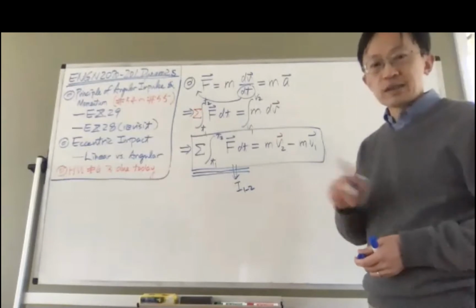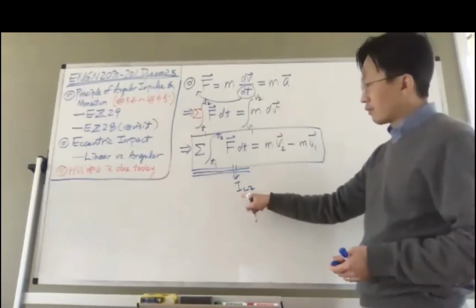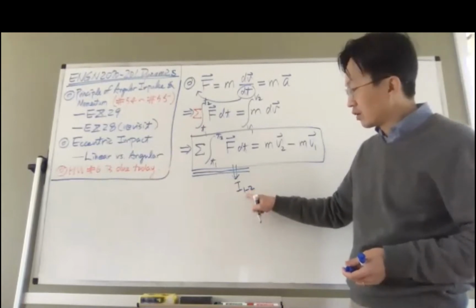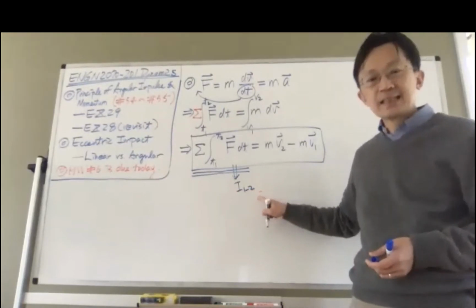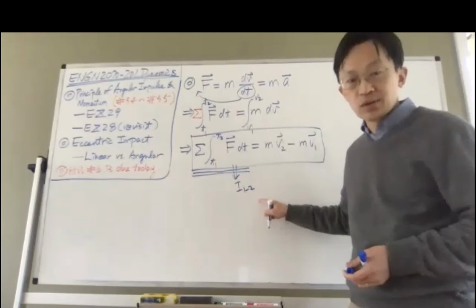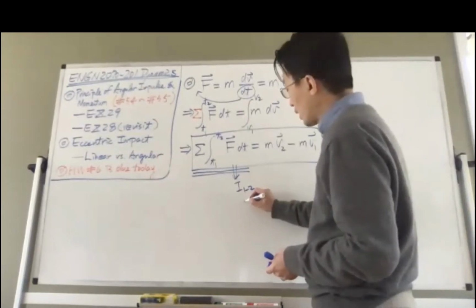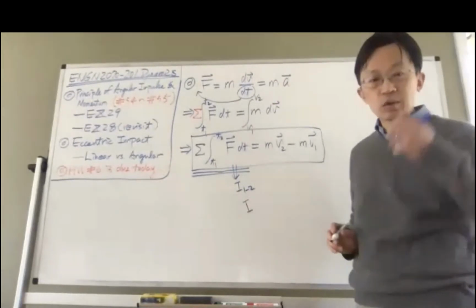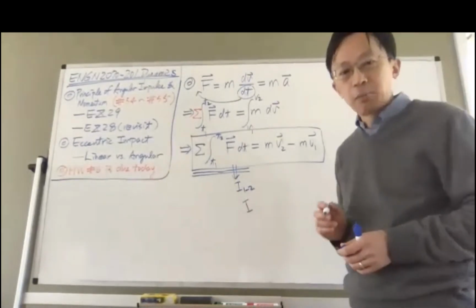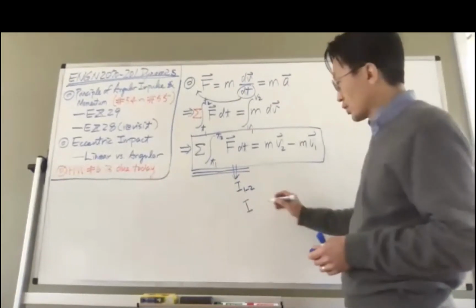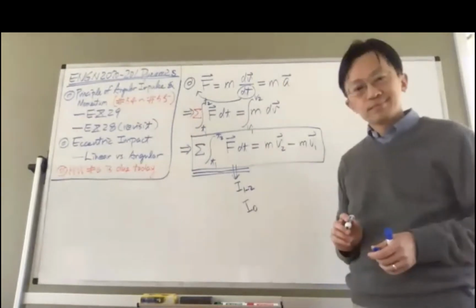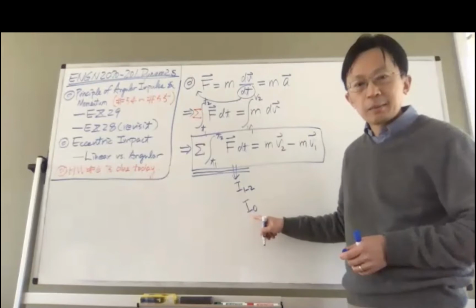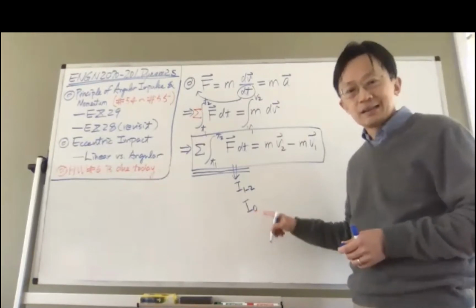Now, how do you distinguish these two? When you have a subscript of 1 to 2, that means this is linear impulse. And if you use capital I with a single subscript, this subscript is usually denoted by the point, such as I naught, and that means this is the mass moment of inertia at a certain point.